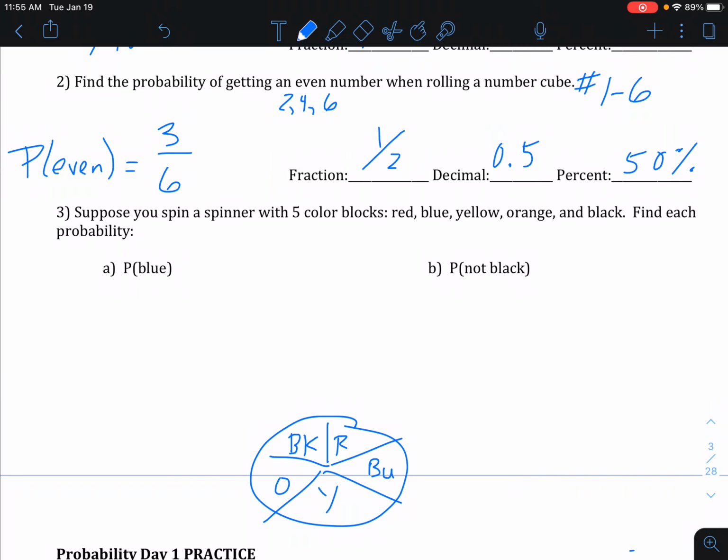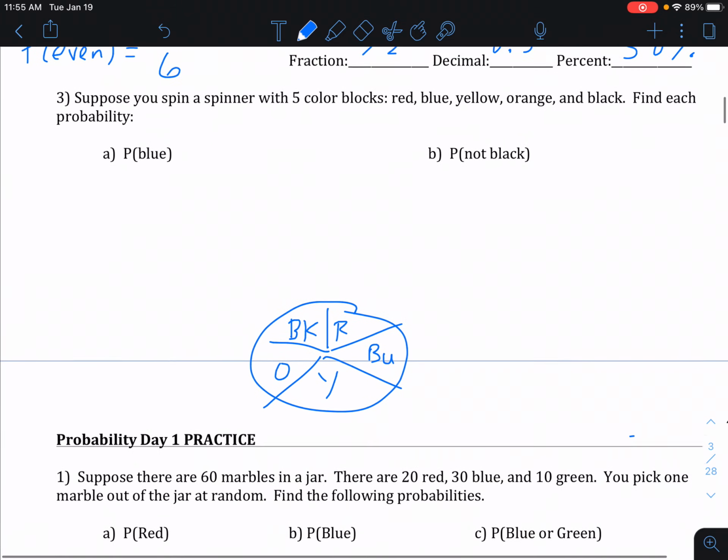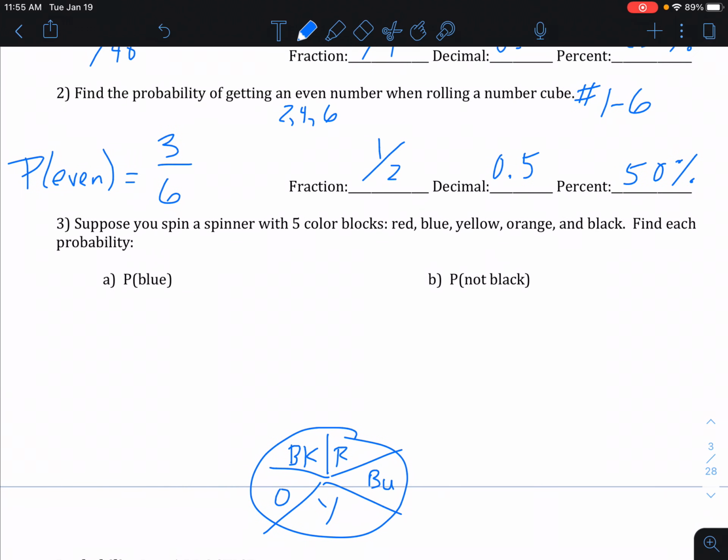So in A, the probability of getting blue is 1 out of 5, which is 0.2, which is 20%. Now, in letter B, the probability of not getting a black, if you take away the black, there's 4 outcomes that you want. So that would be 4 out of 5, which is 80%.